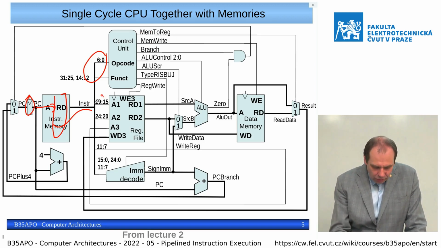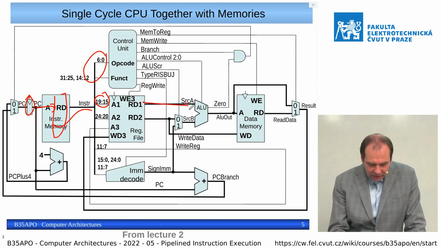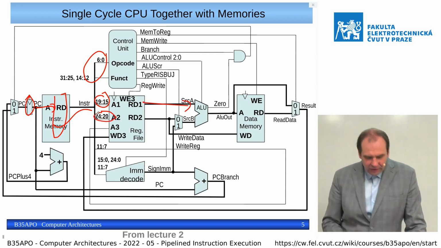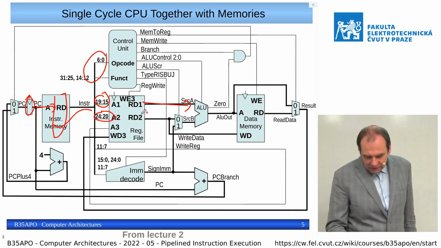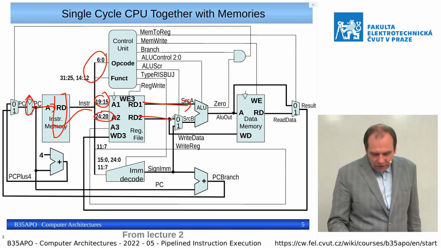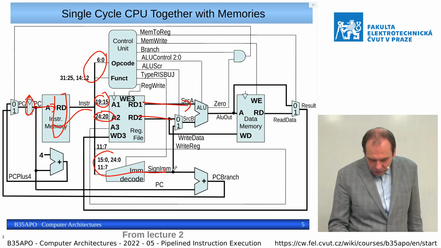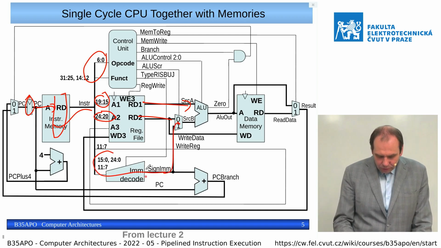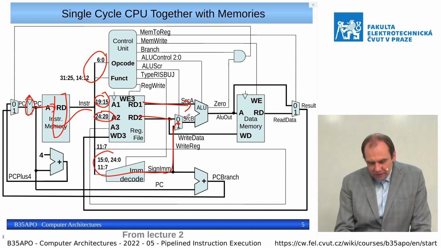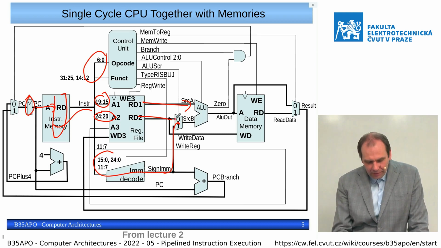And those bits select the first register, bits 24 to 20 select the second register, or some of those bits are decoded through the immediate decode unit, so they provide an offset, for example, or an immediate value.